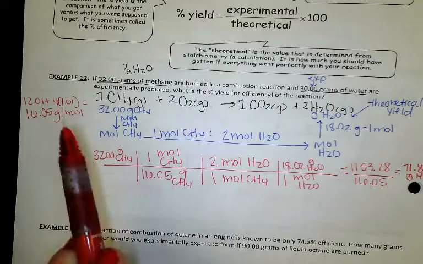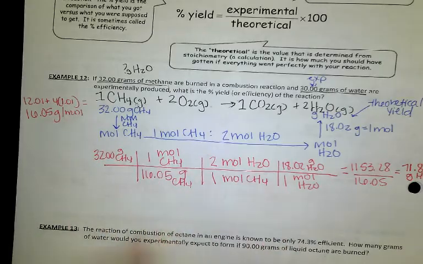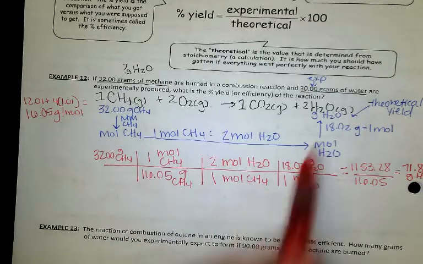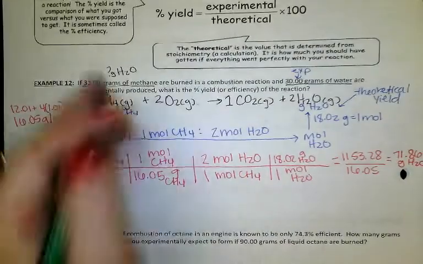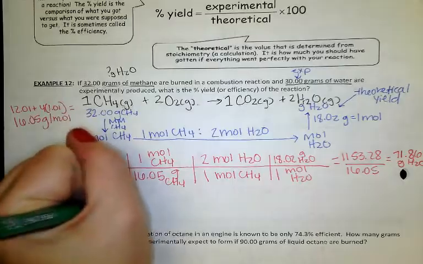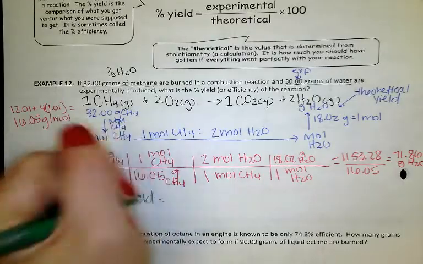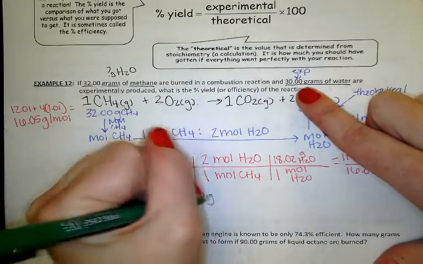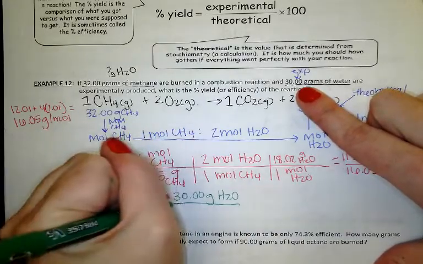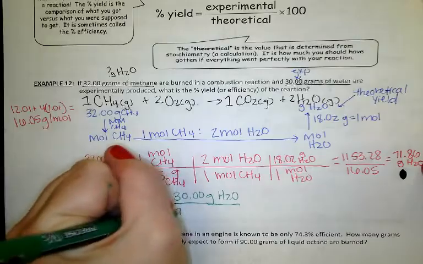Now, they said the experimental yield was 30 grams of water. So to find the percent yield, we take our experimental, which was given, divided by the theoretical, multiply it by 100%, or 100, and then you'll end up with a percentage.